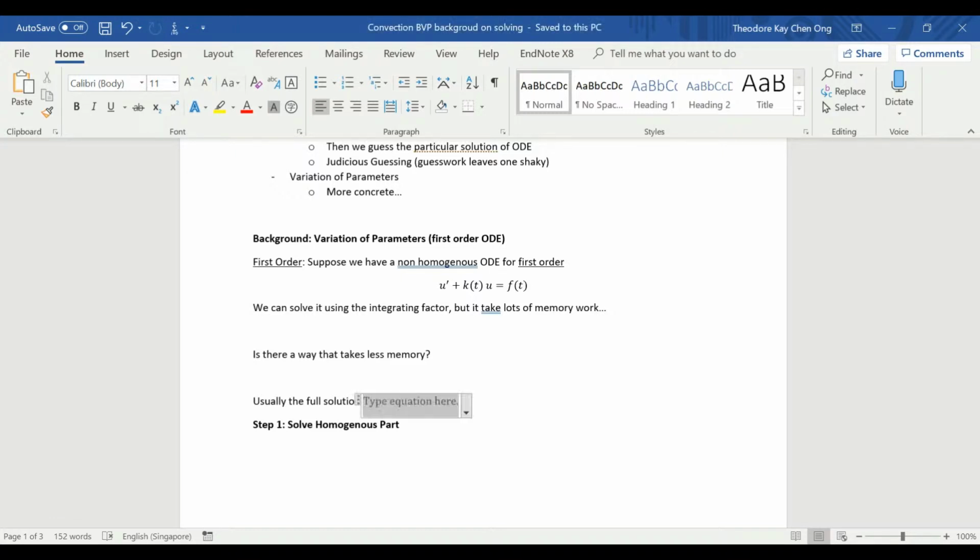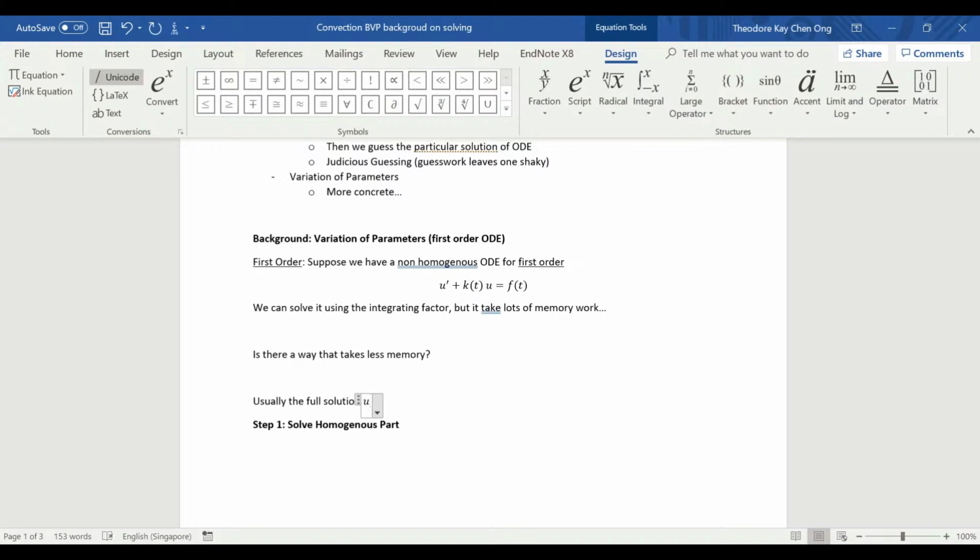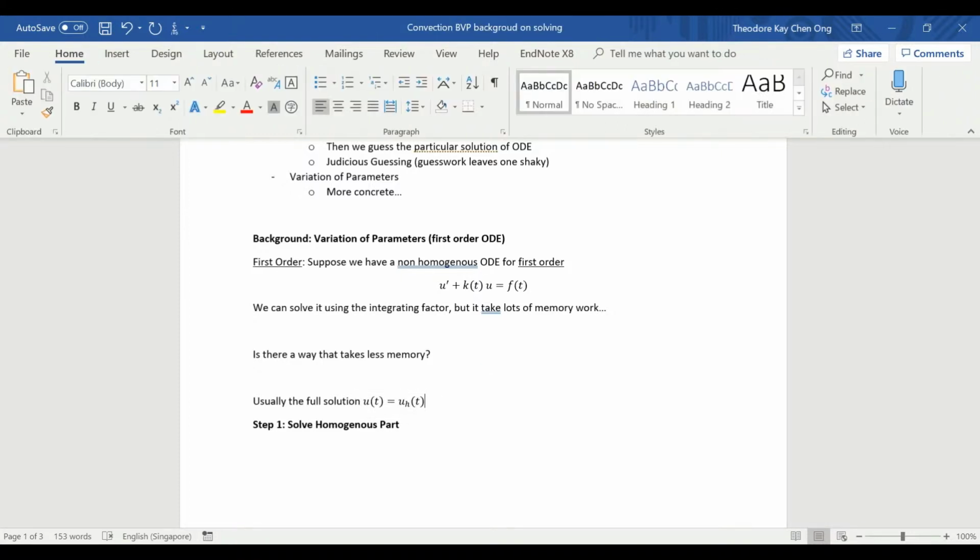So u of t equals u_h, which is the homogeneous solution, multiplied by some constant c1, plus u_p(t) times some constant c2. And whatever these constants are, it depends on the boundary conditions, of course.